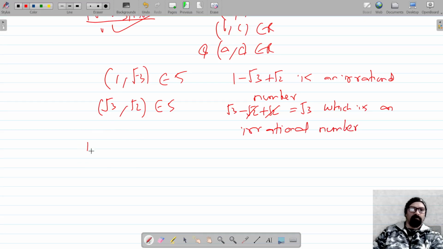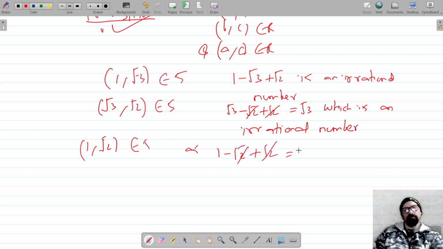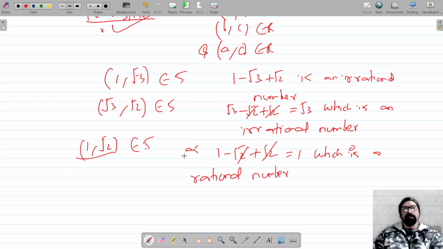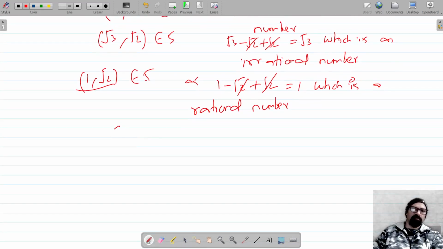But (1, root 2) does not belong to S, as 1 minus root 2 plus root 2 is equal to 1, which is a rational number. So when we applied the relation to (1, root 2), it does not belong to S. So our relation S is not transitive.